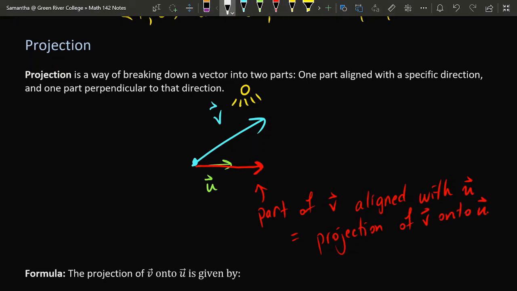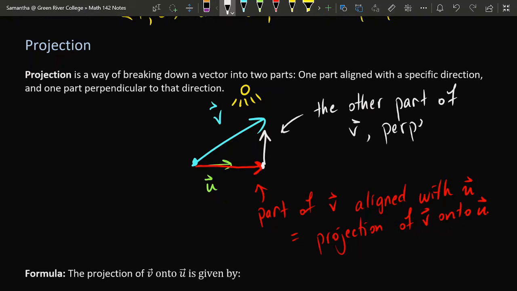Now if I look at sort of the vertical leg of the right triangle that I am forming in this drawing, then this is the other part of v, which is perpendicular at a right angle to the direction indicated by u.